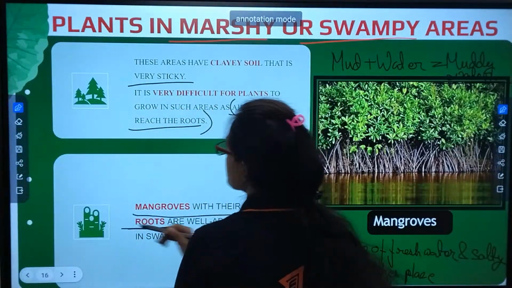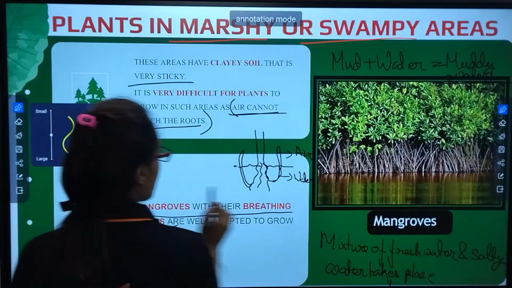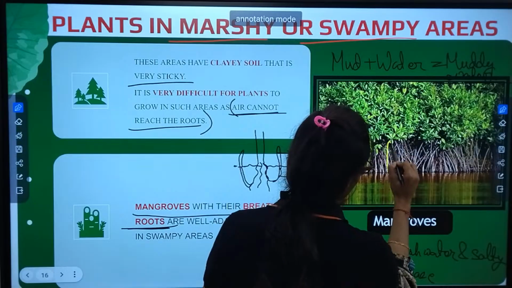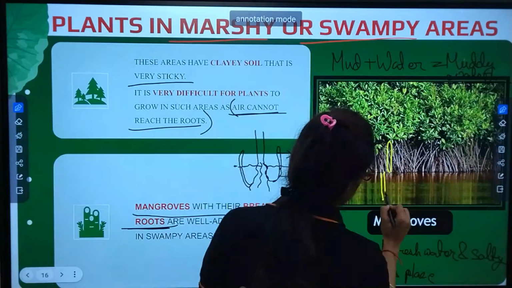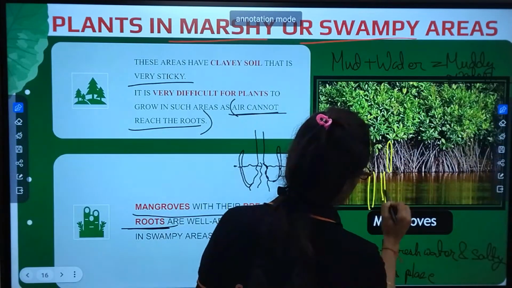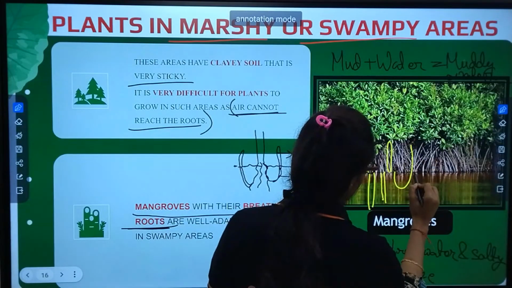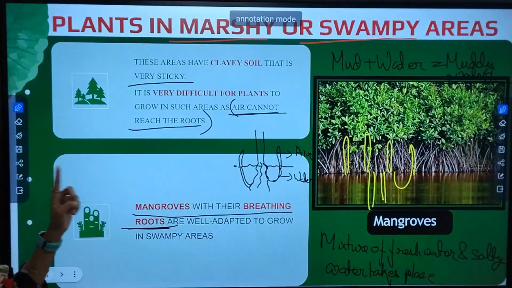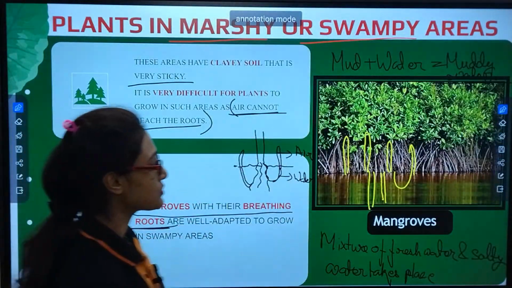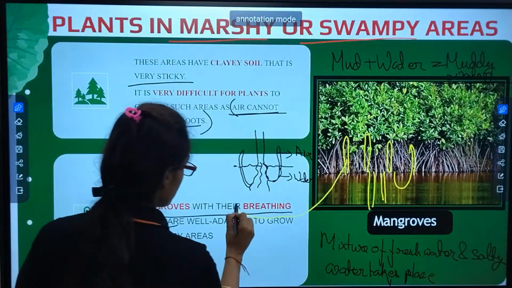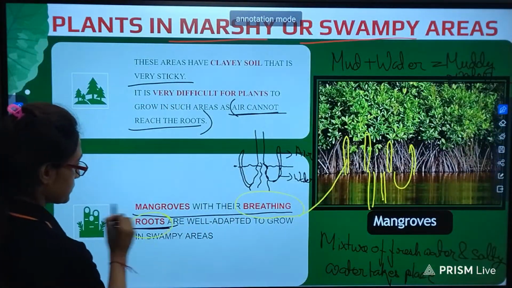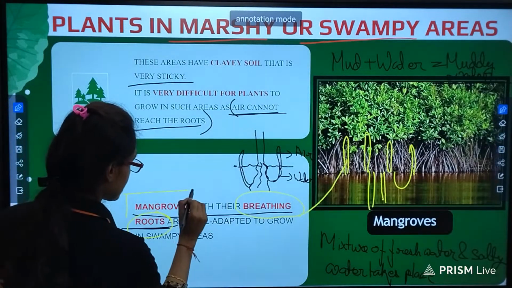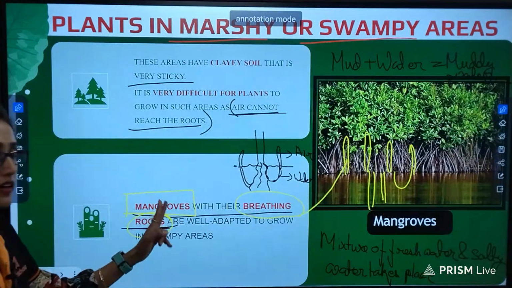See, in this tree, the roots are coming up. These are nothing but roots. They are the roots here also, and they are also coming above the soil to take in air. This type of roots are known as breathing roots, and this type of trees are known as mangrove.